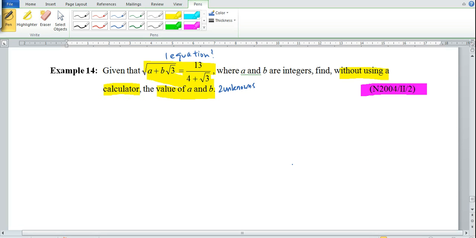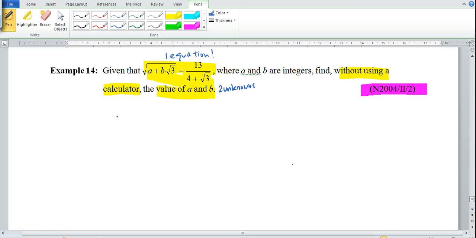So the technique is to again compare on both sides, but the issue here is that one side has a square root, and the other side somehow has a fraction. The present issue is more the square root, so I'm going to square both sides first.